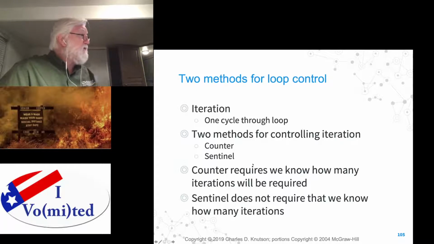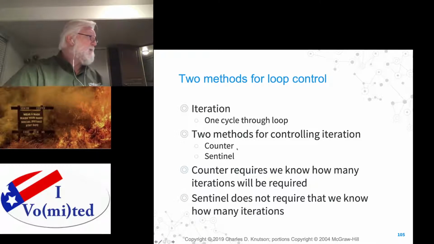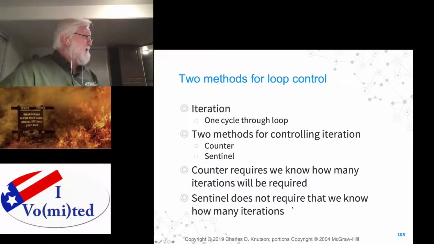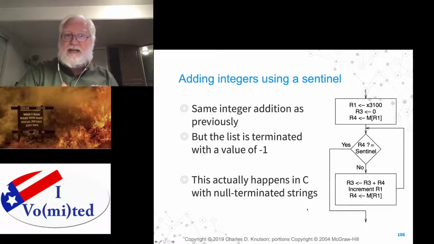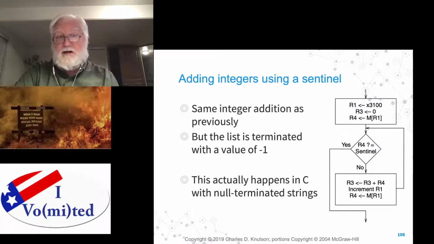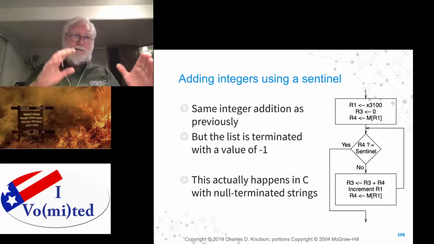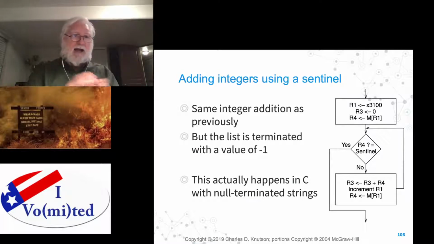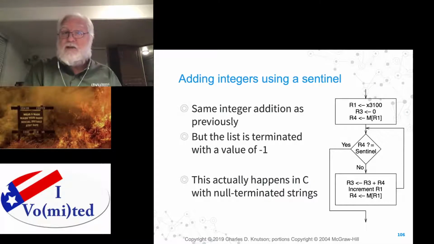The other thing we can do: the counter requires that we know how many iterations we're going to do. If we do a Sentinel, it doesn't require that we know all that. Okay. So here's an example. We're going to give you one example of doing this same idea with a Sentinel. What the Sentinel means is that I'm going to look at the data like I'm doing, pull each of the values out of memory, and go until the value has a certain well-known value, like for example, -1, or even that it's a negative number.